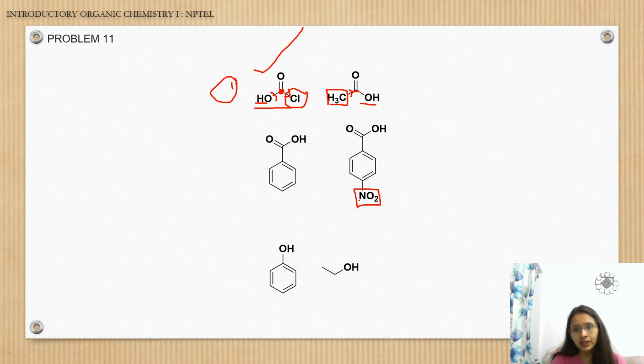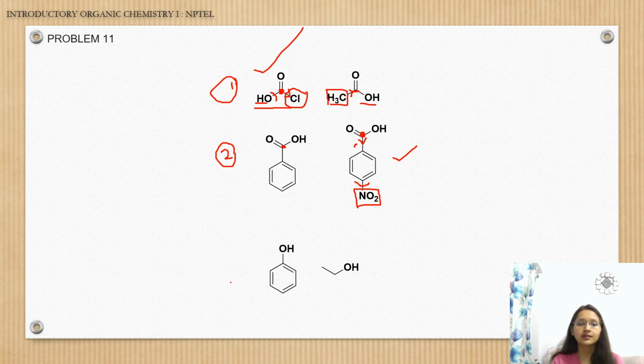It withdraws electrons from the ring, and from this position as well. So it makes this carbonyl carbon more electropositive than in benzoic acid, and thus makes this species more acidic than benzoic acid. So in part B, we are clear that para-nitrobenzoic acid is more acidic than benzoic acid.